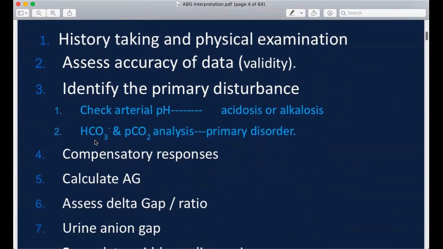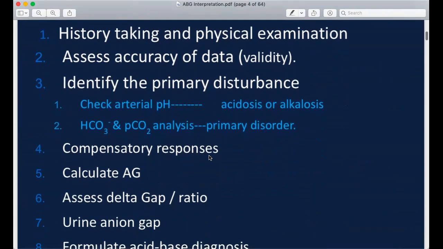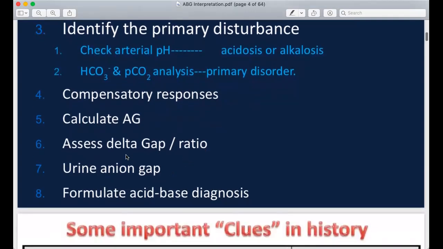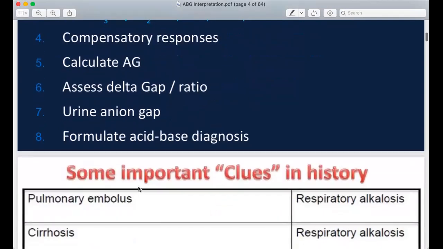Then HCO3 and PCO2 analysis to find the primary disturbance, and then find out if there is any compensatory response, whether it is already compensated or not. Then calculate the anion gap, then assess the delta gap/delta ratio. That's just an option, totally up to you. Then urine anion gap, and then formulate the acid-base diagnosis.